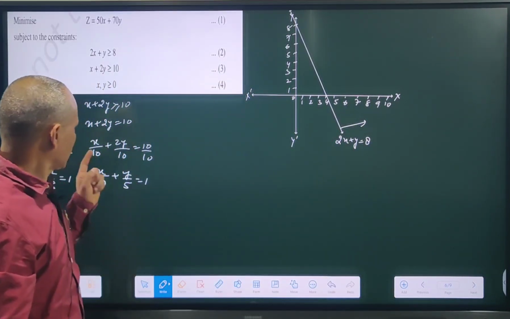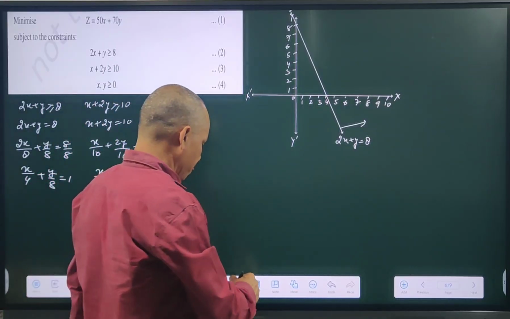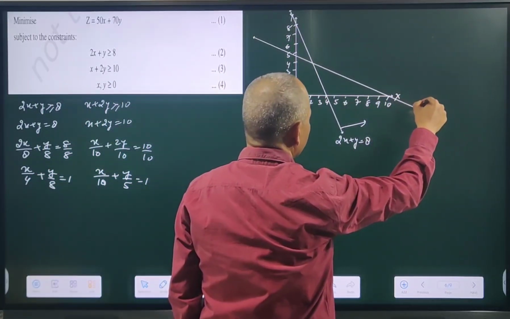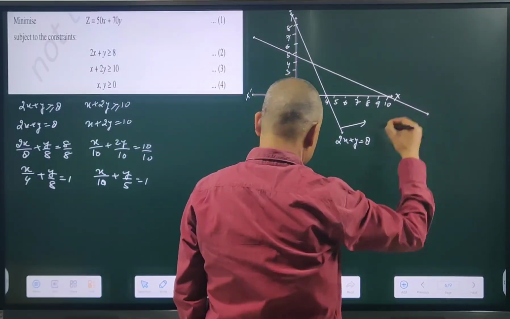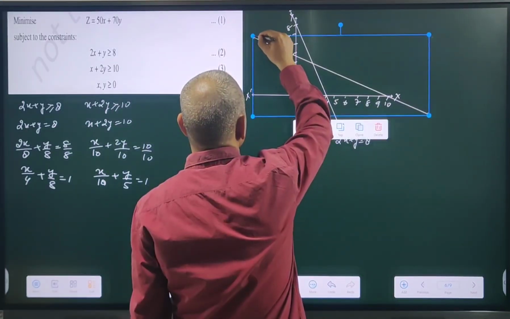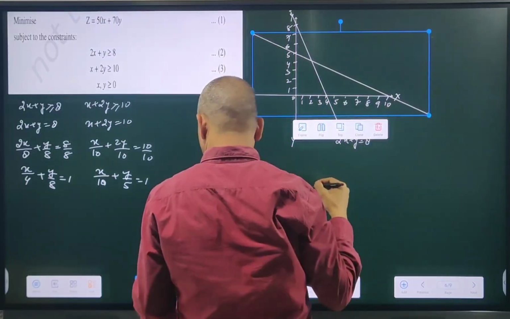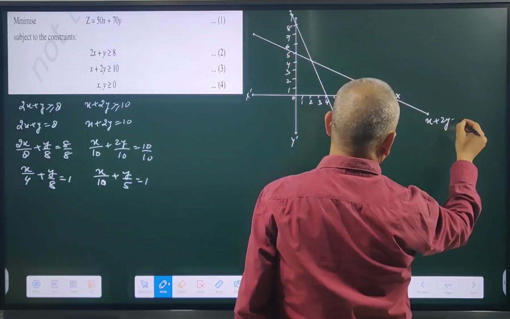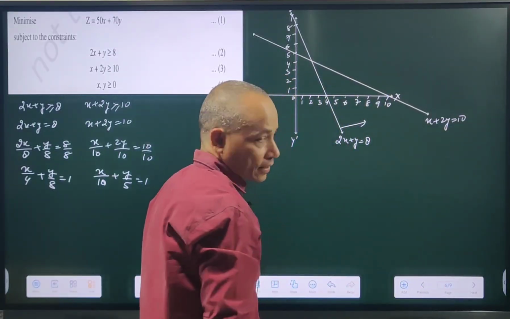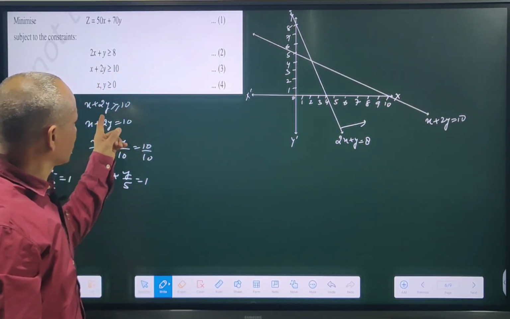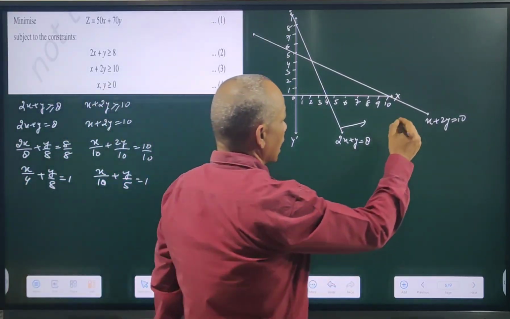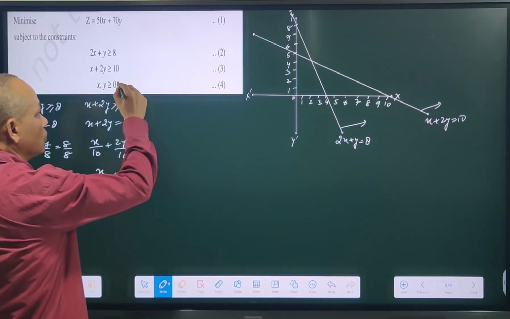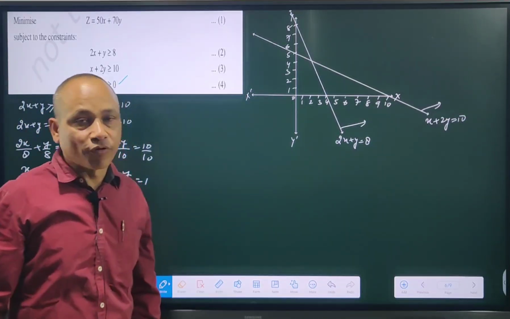Next one, x by 10 and y by 5. On y we'll mark 5 and on x we'll mark 10. Write the equation, that is x plus 2y is equal to 10. 0, comma 0, does it satisfy? No. So the region away from the origin is to be shaded. And these two inequalities mean first quadrant.